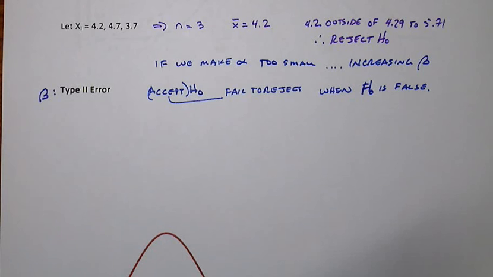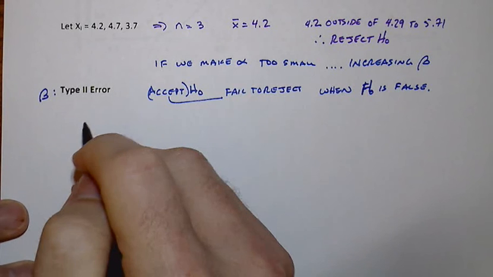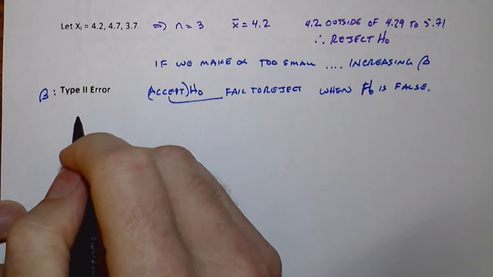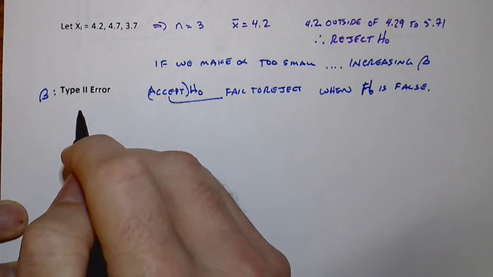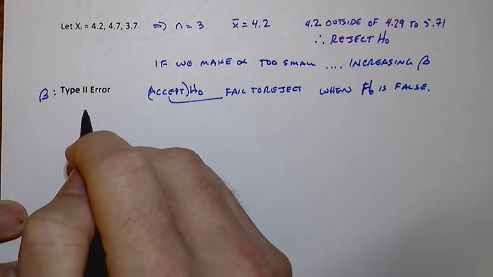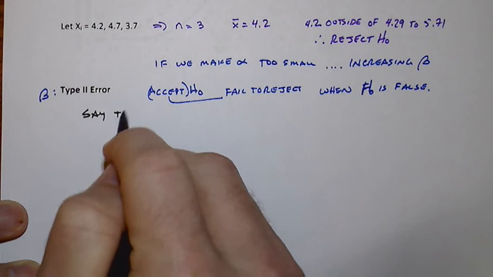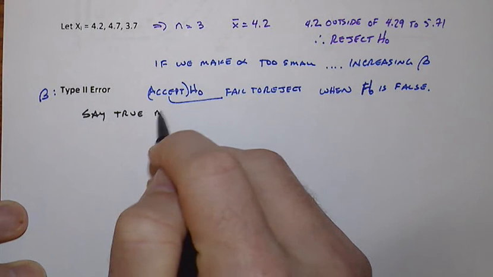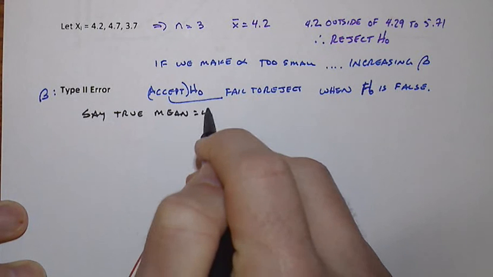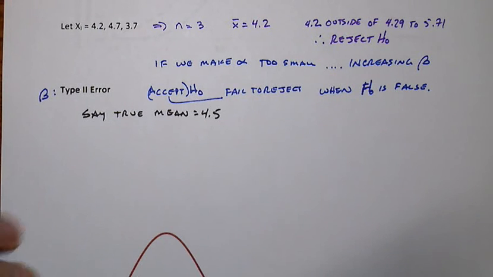Right? And to get into this in a numerical way, we have to start posing hypotheses. Excuse me, we have to pose scenarios, do a slight parameter variation here. So say the true mean equals 4.5. Now I know that number seems quite arbitrary, and so you have to play a little bit of a game here.